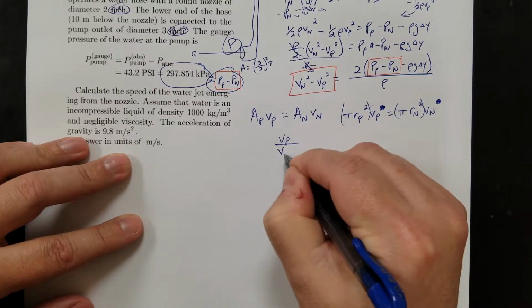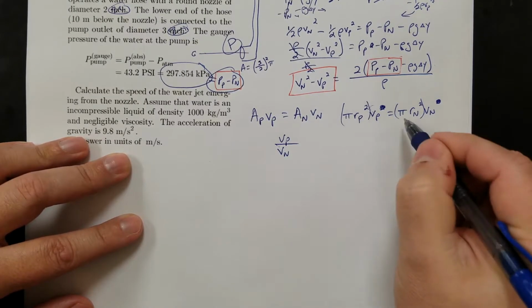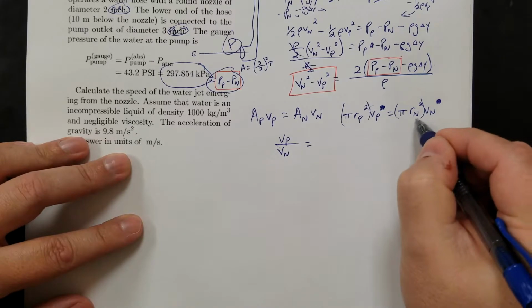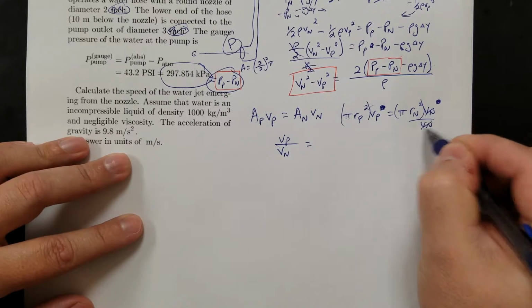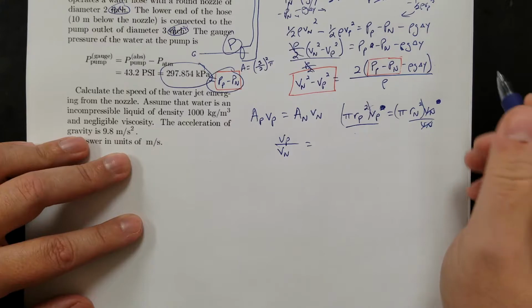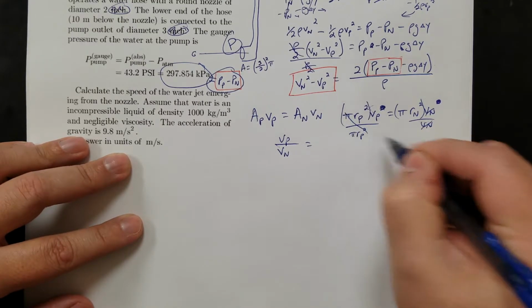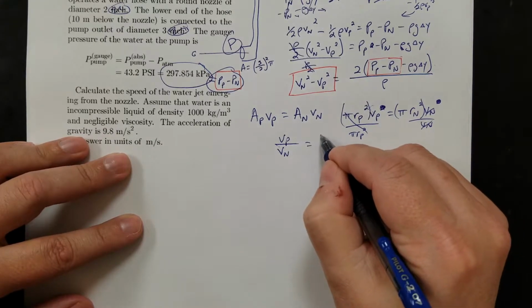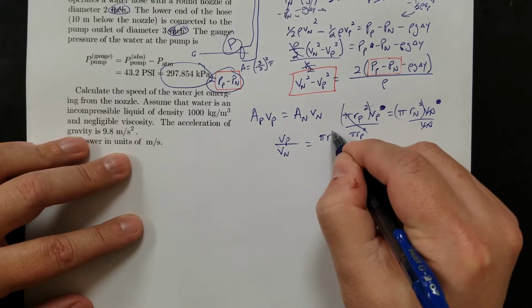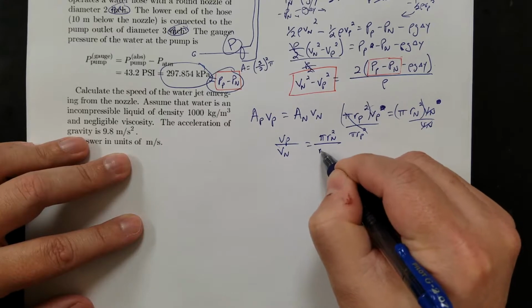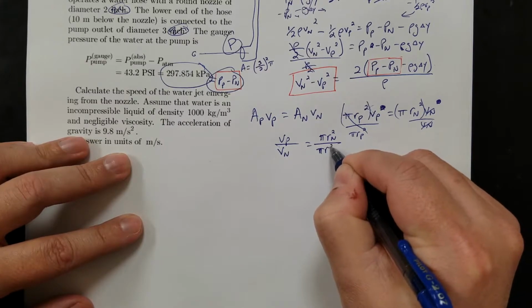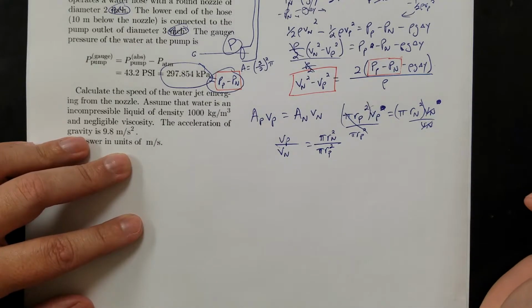Velocity of the pipe over velocity of the nozzle. I'm going to divide that over, and I'm going to divide the other one over, right? So I'm going to divide by Vn. That's going to cancel that out. I'm going to divide by pi r p squared, and that's going to cancel that out and move it to the other side. So that's going to equal pi r squared nozzle over pi r squared from the pipe.